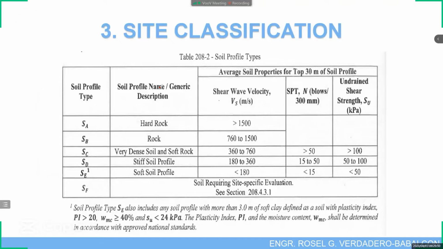If we are going to use those types of soil, it needs to have equivalent geotechnical data that will determine that it is the soil profile type of our site. So again, if there is no available geotechnical engineering data, we can assume the soil profile type as SD.